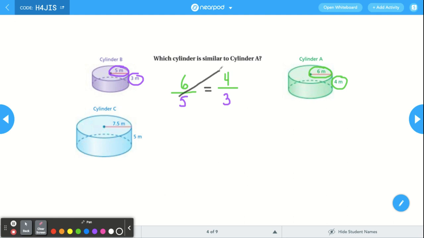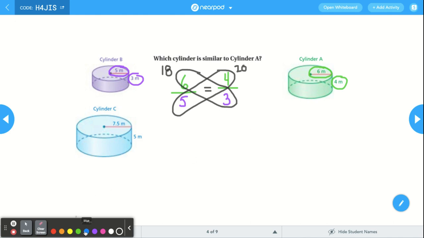So if you multiply the two numbers here and then multiply the two numbers here, they should give you the same product. So 4 times 5 is 20 and 3 times 6 is 18. So I could tell that this isn't proportional to each other.